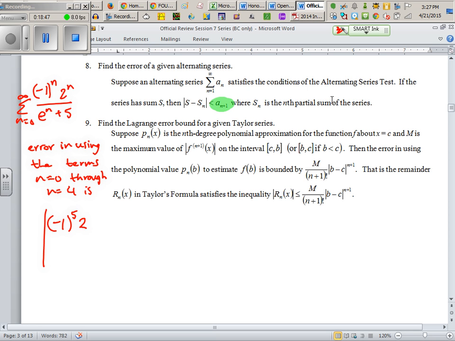You can do absolute value. Notice what I'm doing. I'm plugging in 5 into my summand, and I end up getting 32 over e to the 5th plus 5, which I think I'll go ahead and get the decimal for.